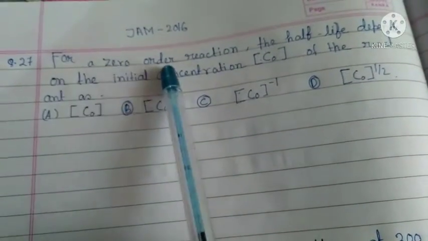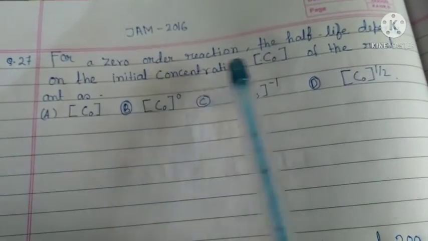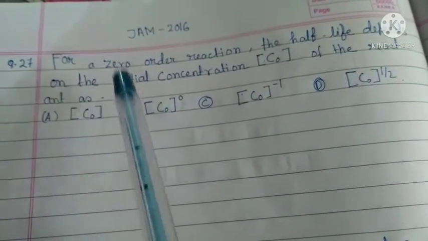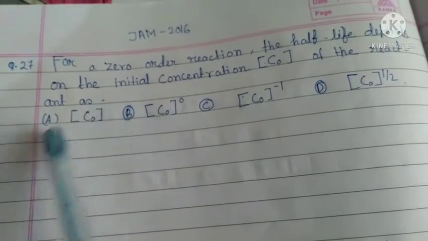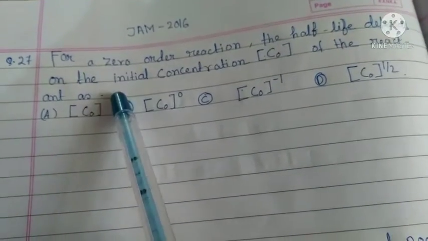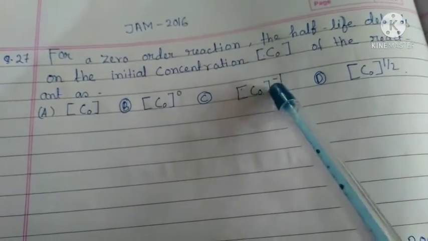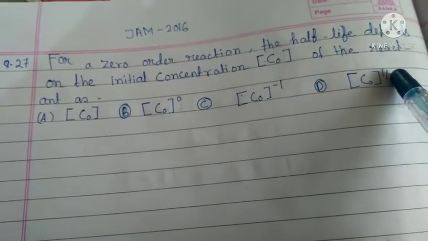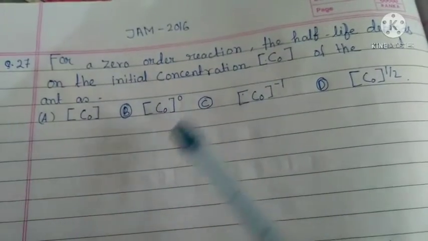For a zero order reaction, the half-life depends on the initial concentration C0 of the reactant, as C0 to the power 1, or C0 to the power 0, or C0 to the power minus 1, or C0 to the power half. How does it depend on the concentration and its power?